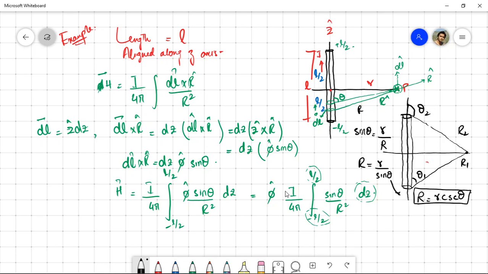The other thing that we need to do right now is that we have converted this R in the form of theta, and now we want to convert this dz into theta as well. So in order to calculate the value of dz, we'll have to mention z in the form of theta.